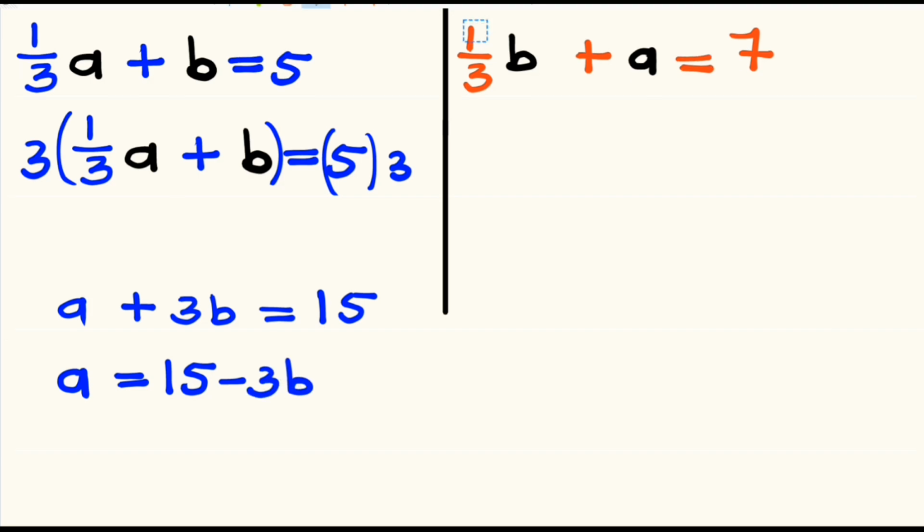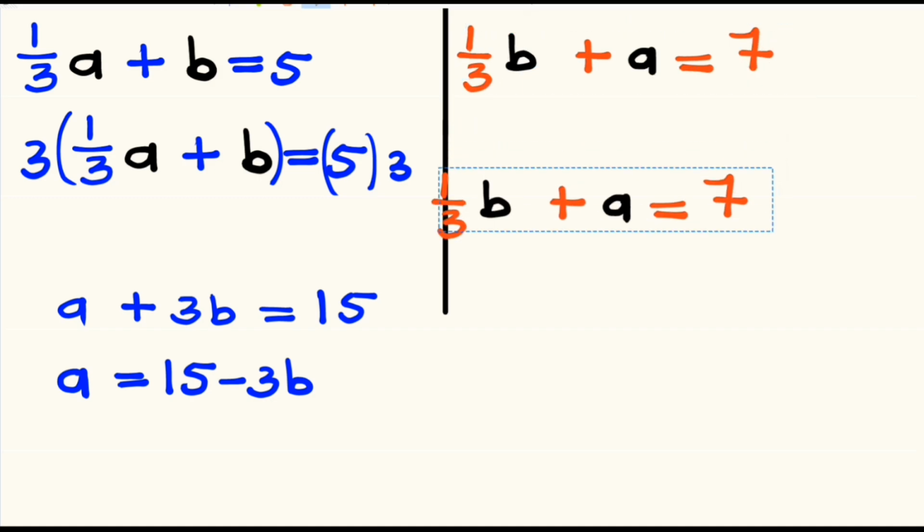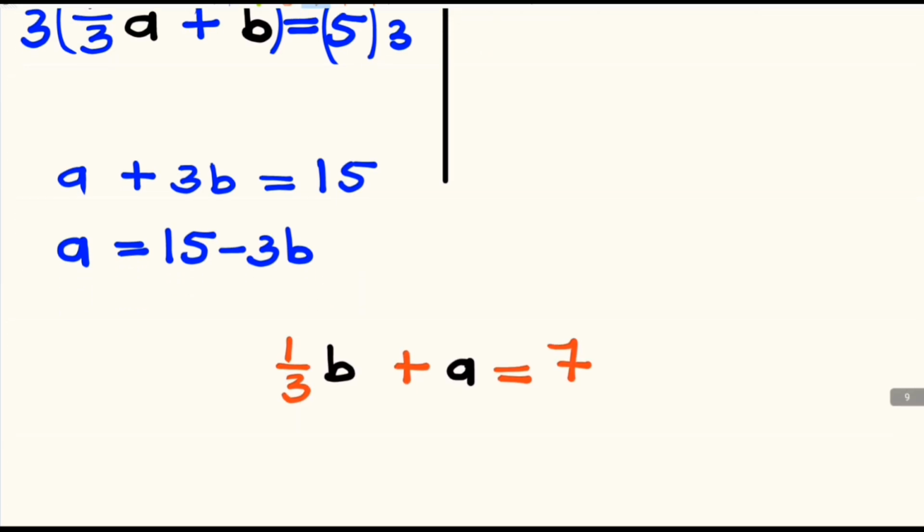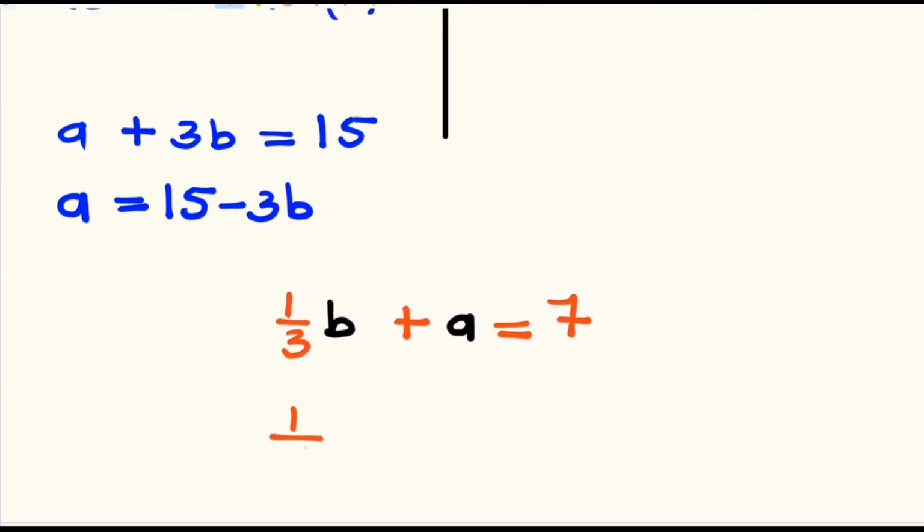We substitute this into that equation. So let's bring it down. In the place of the a, we substitute the 15 minus 3 multiplied by b, and this will be equal to 7.